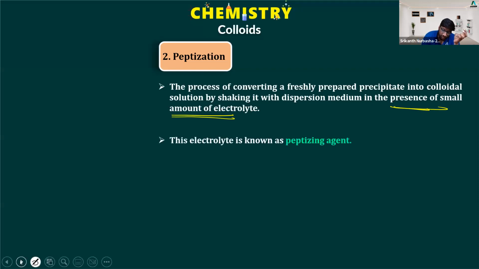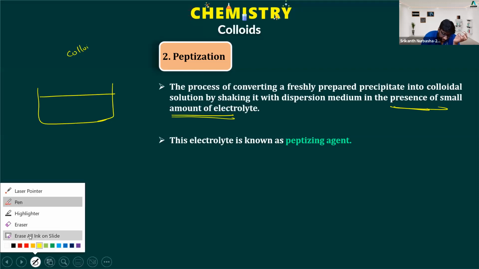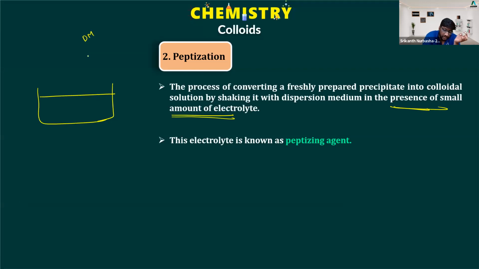If you go into the details, we have a particular solution. In that solution, we have a dispersion medium, and a precipitate is formed. The process of converting a freshly prepared precipitate into colloidal solution is by shaking it with a dispersion medium in the presence of a small amount of electrolyte.